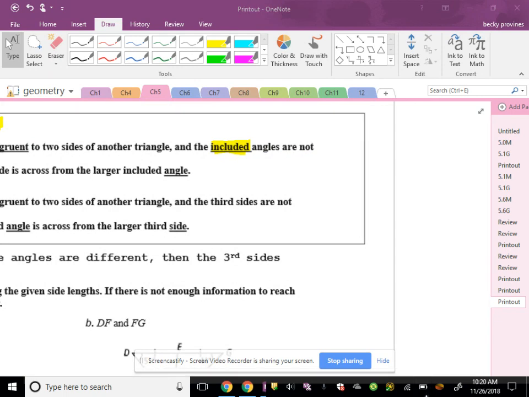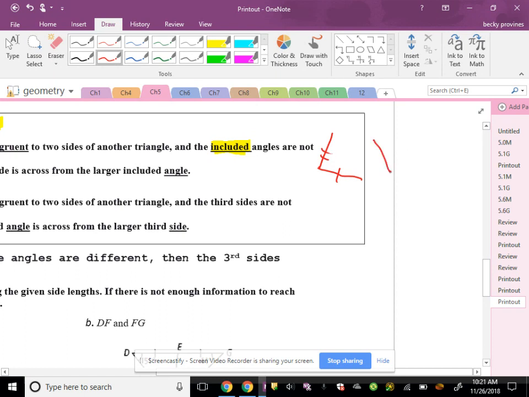So let me show you. All right, so these two are equal to, let's say, these two. Oops, too many lines. There you go. Now, triangles have three sides, right? So I'm going to draw on the third side. Can we predict which one's going to have a bigger third side? Well, this angle here, let's call this one A and this one B. Angle B is a lot bigger, right?